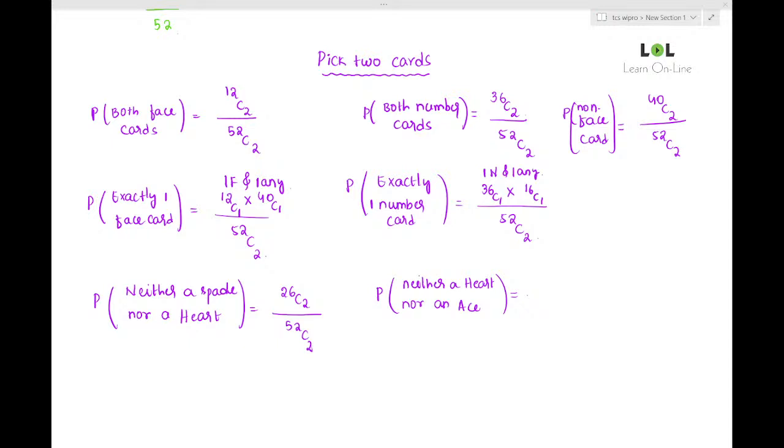Anyone? Waiting for your answer. Manohar says 36C2. Anybody else?